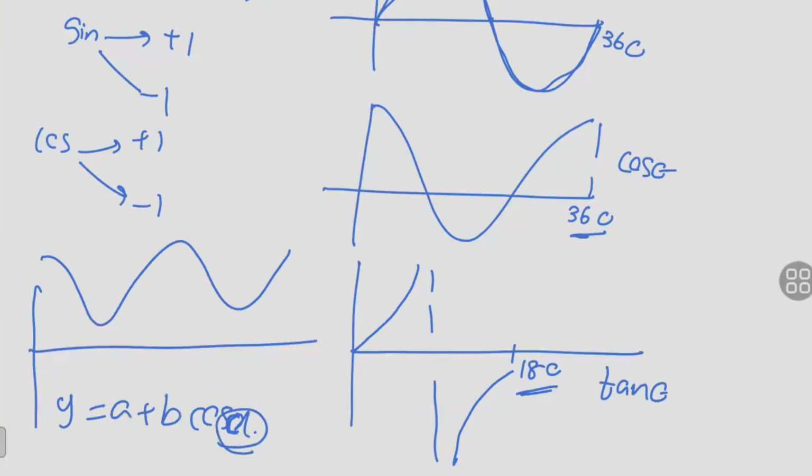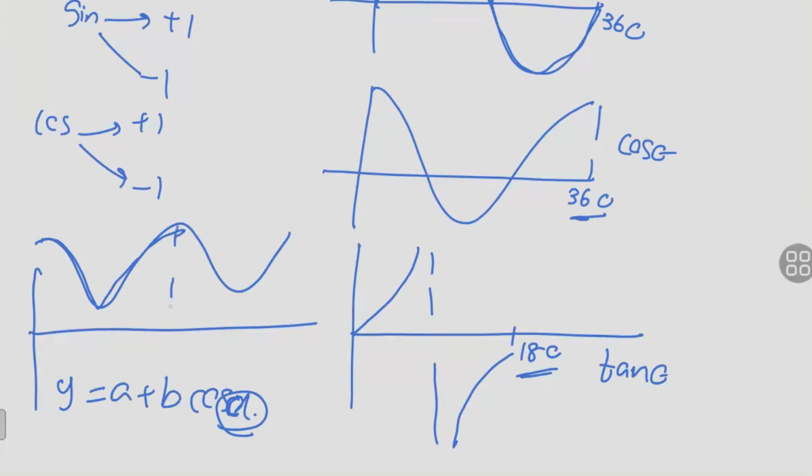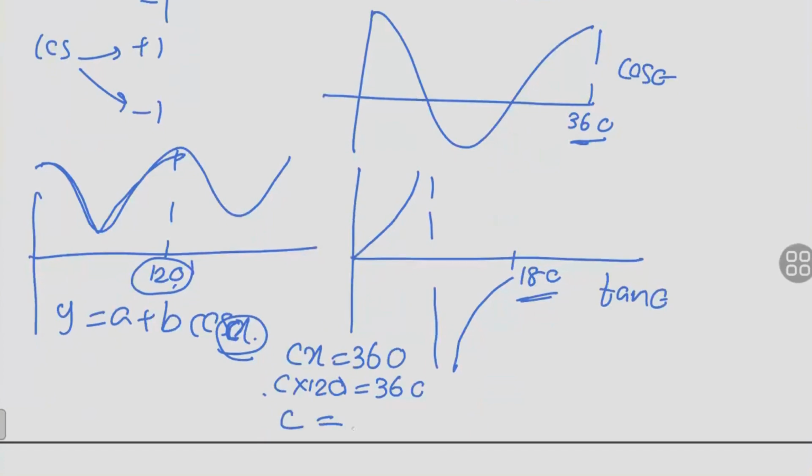Now, cos one revolution is from here to here. If they give, let's say, 120 as one revolution, then c times 120 equals 360, no? Because this is one revolution, 120, and that type of revolution is 360. Then c equals 3. Like that, calculate. Then amplitude, height, you don't know; this is how to calculate.